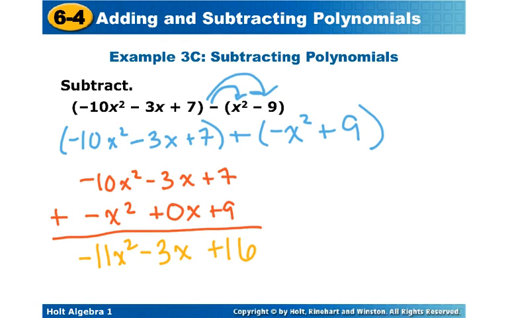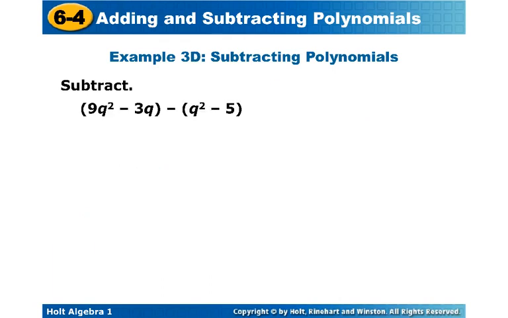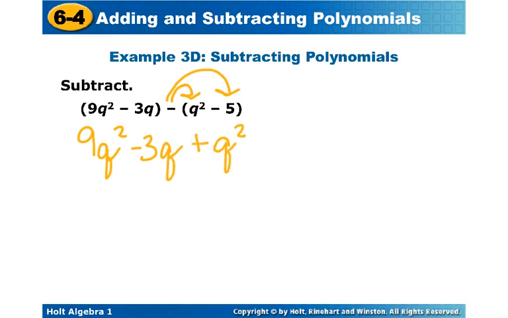Alright, one last final example before I ask you guys to do one. So, here we go. Distributing in the negative 1, you get 9q squared minus 3q plus q squared, look at me making a mistake, plus a negative q squared plus 5.